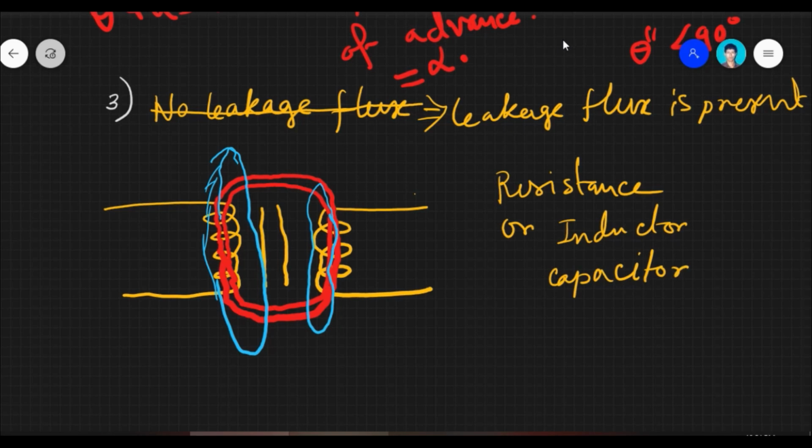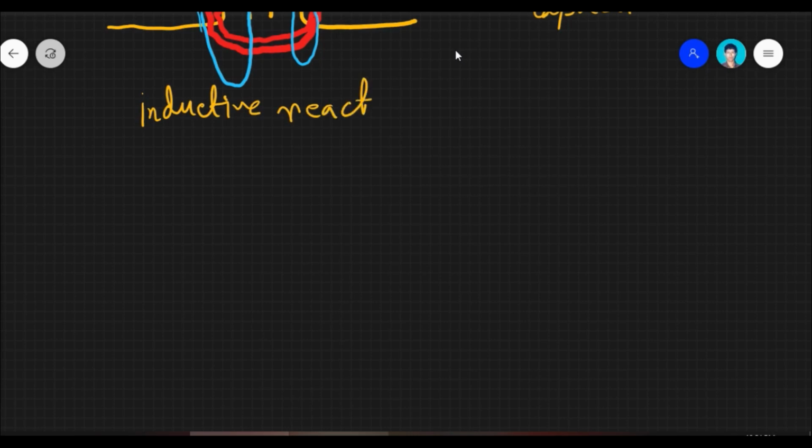The right answer is that as it is related to flux and flux leakage, it should be inductor. Now again we'll have a bit of confusion regarding the placement of that component. If it is an inductor, then it will have an inductive reactance. We call it popularly as leakage reactance.